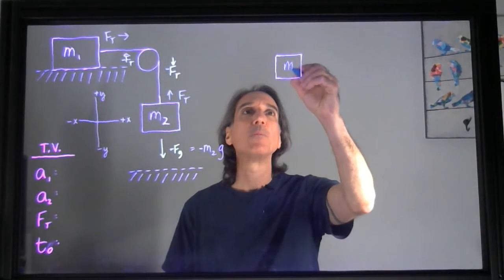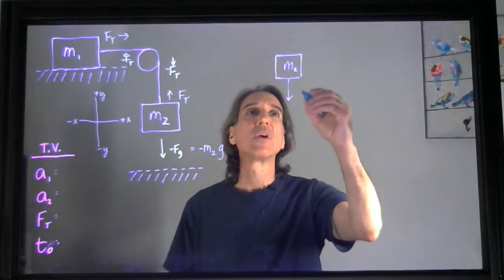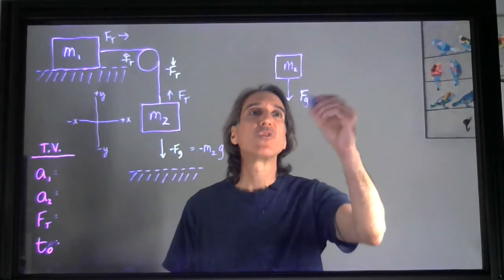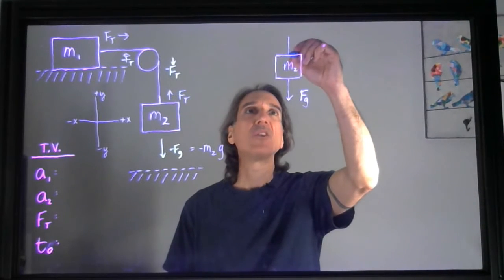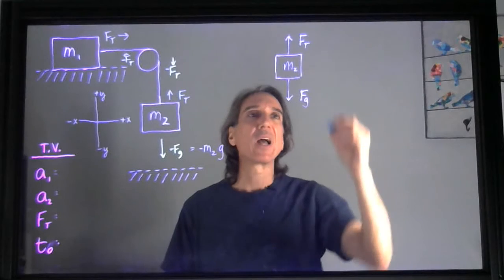We have M sub 2, and we have force of gravity, F sub g, going down, and there is a force F sub t pulling up.